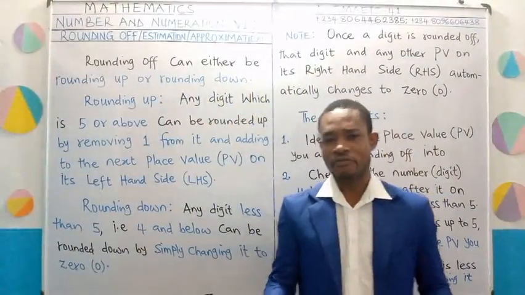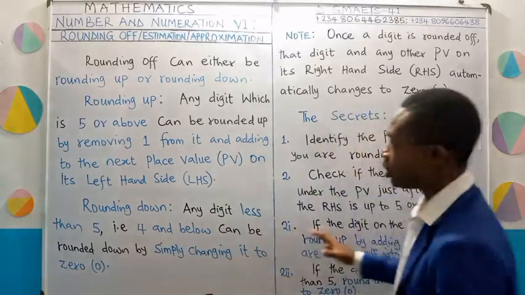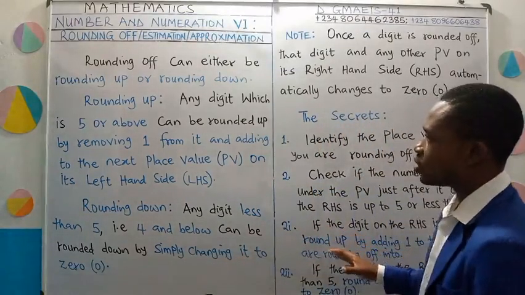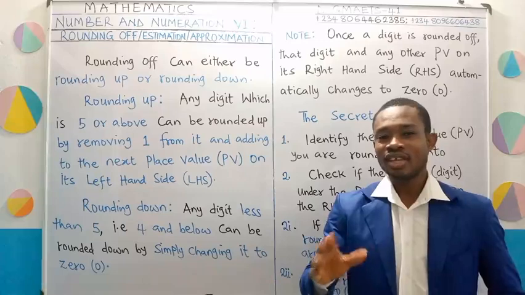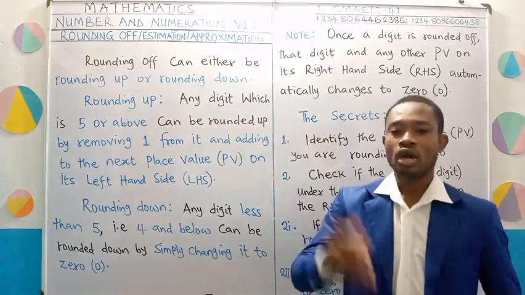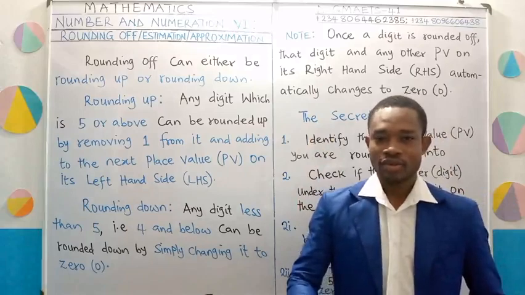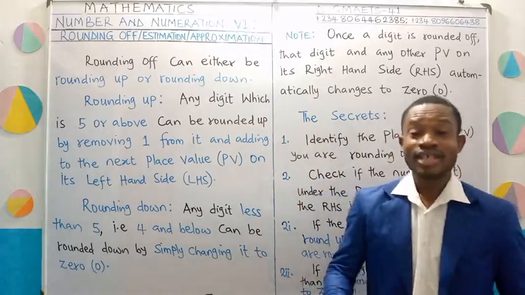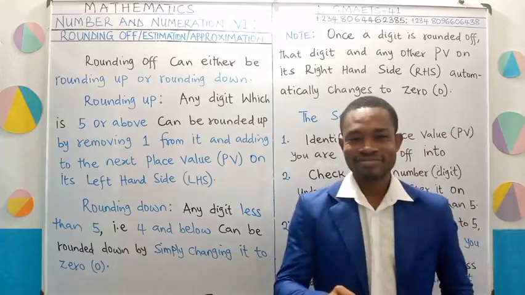Rounding off, what is it all about? On the board here, I've got these short notes, okay? When we talk about rounding off, there are 2 things we can do. It is either we round up or we round down. Any one of these is done when talking about rounding off.